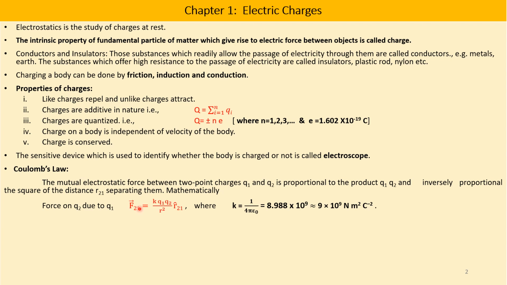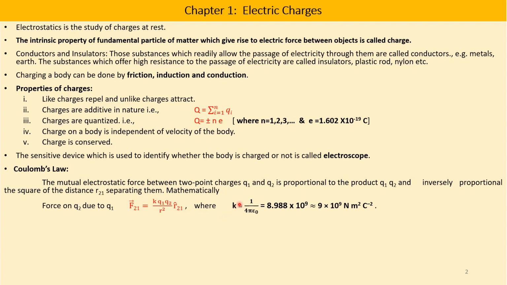F21 is the force on Q2 due to Q1, and K is the constant of proportionality. Q1 is a charge and Q2 is another charge, r is the distance between Q1 and Q2, and r21 hat is a unit vector between charge Q2 and Q1.